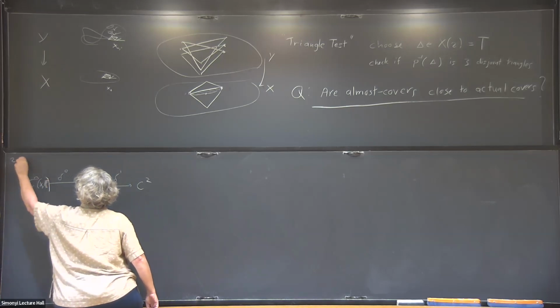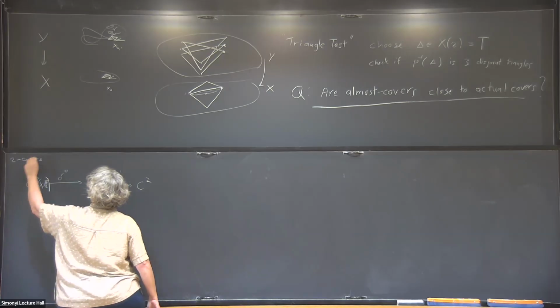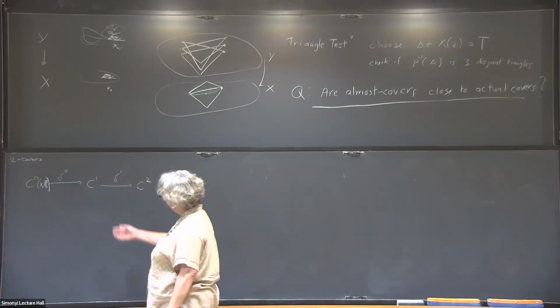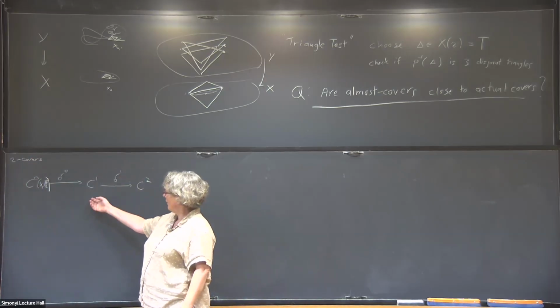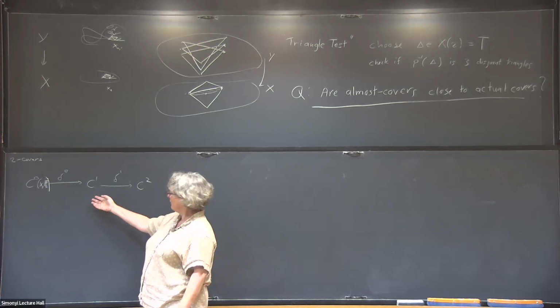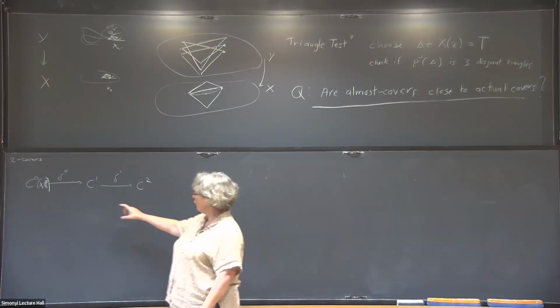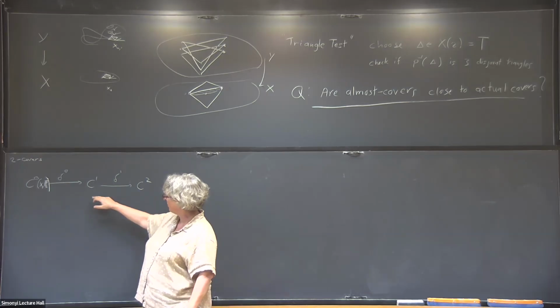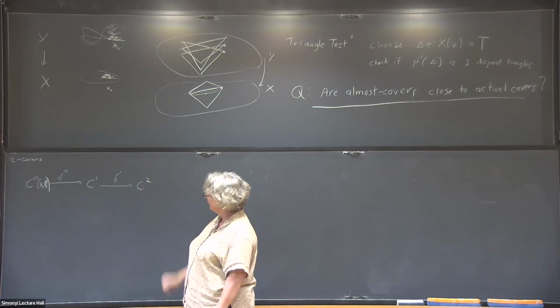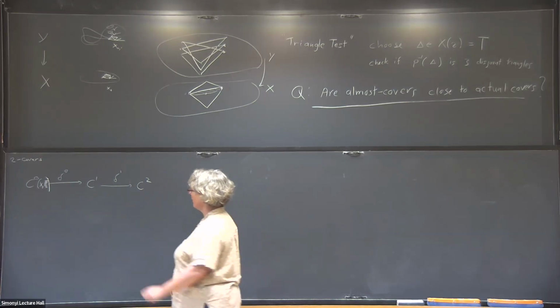So still two covers. And I'm given a potential two cover. So I'm given some bunch of matchings per edge, like a two matching per edge. And I want to know if it's close to being a cover.